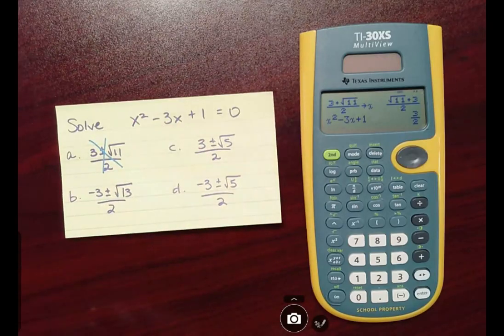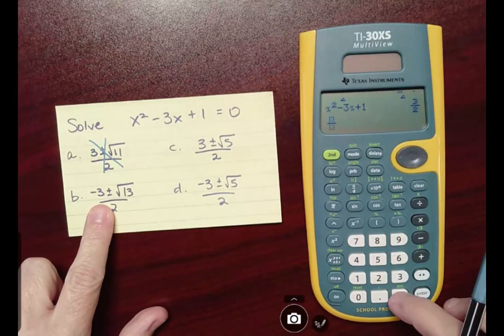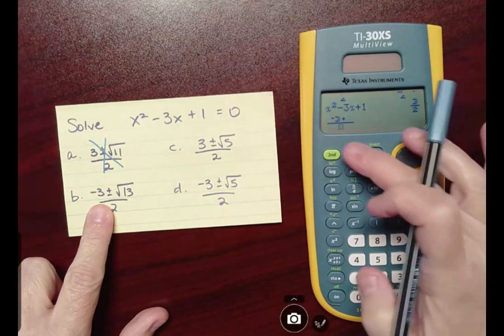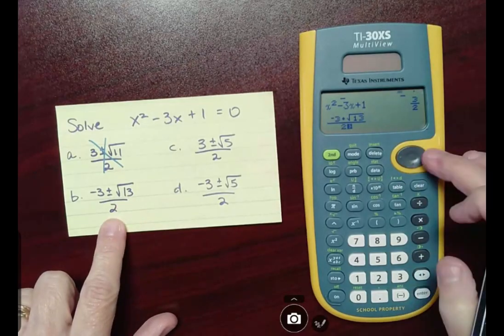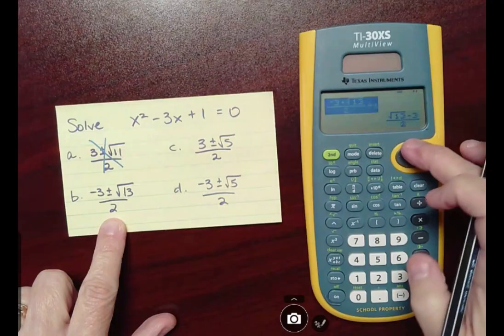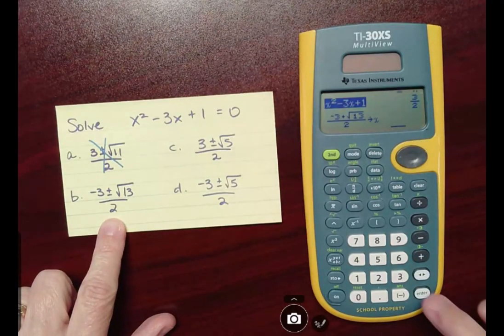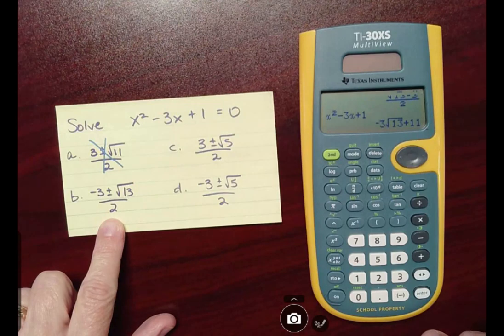Now we'll go on to answer choice B. And I'm going to hit my fraction button, -3 plus second square root 13 over 2. Move out, store X, enter. I'm going to scroll up, get my equation, hit enter again, copies and pastes it, enter again, gives me that answer.